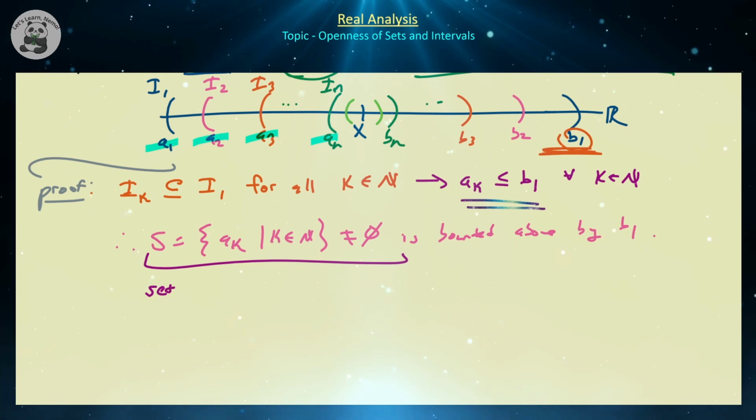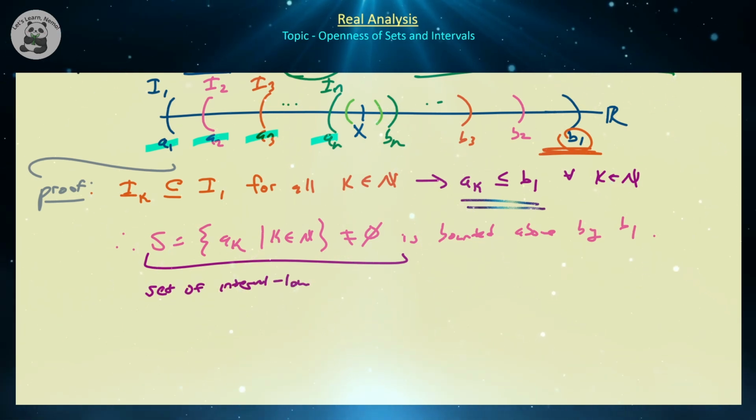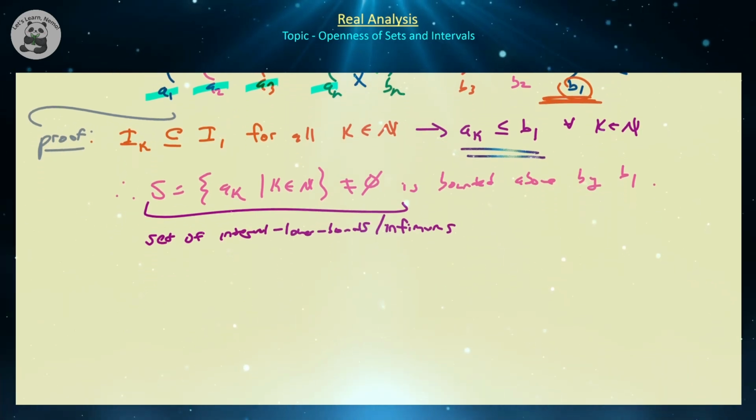So it's the set of interval lower bounds, right? And in some sense, since they're closed, they're also infimums of those intervals as well, right? And keep in mind, we're in subsets of the set of reals.